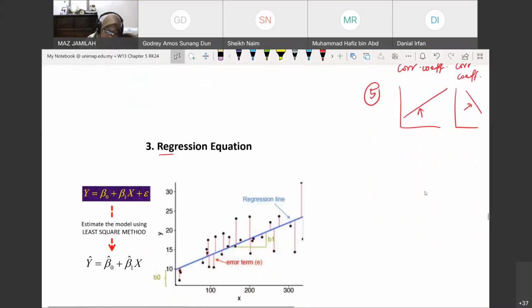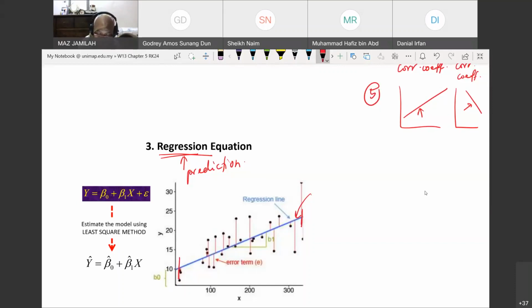Why do we call it regression, class? Because by using this particular line that we are going to form afterward, we can do some prediction, but your prediction will be within the range of the data that you have in hand.